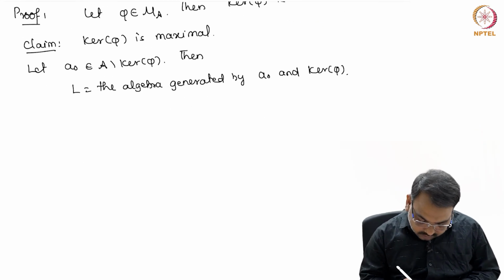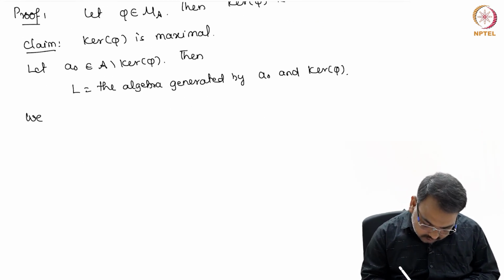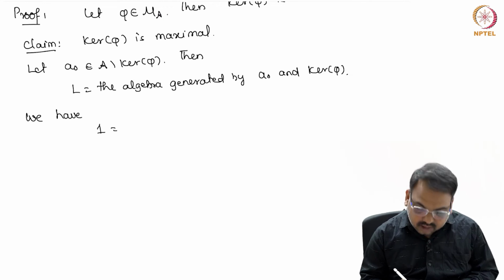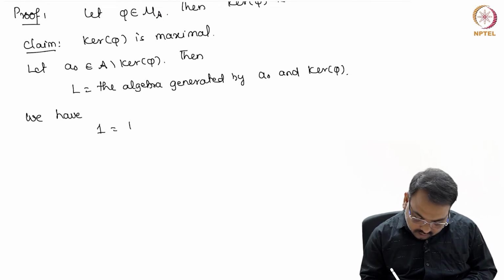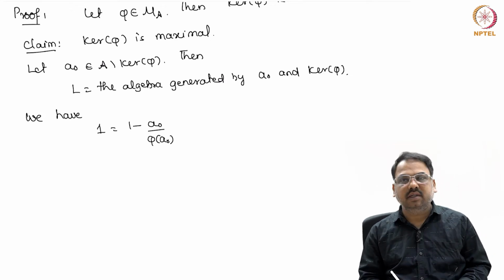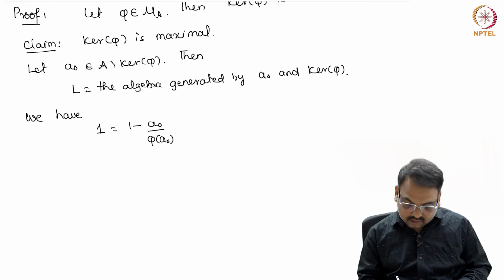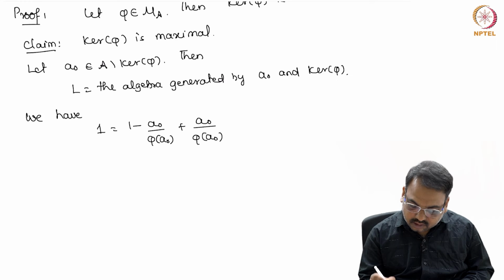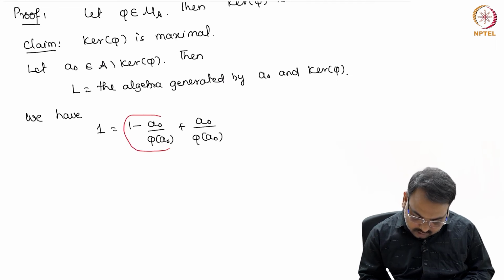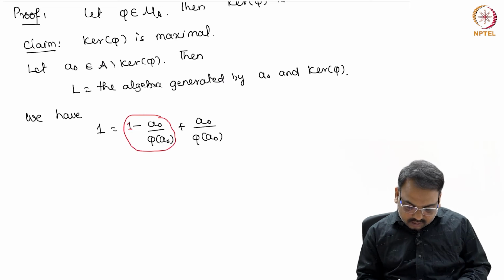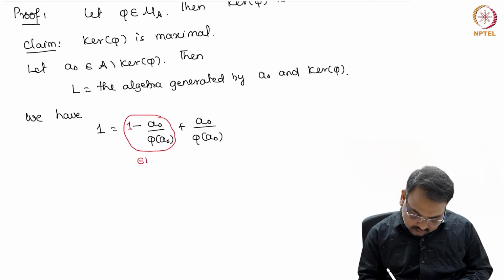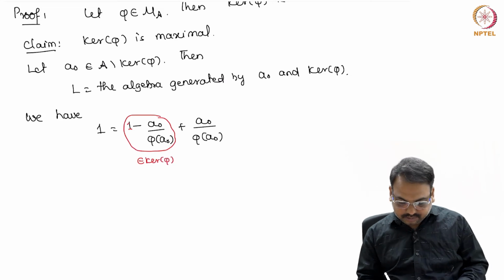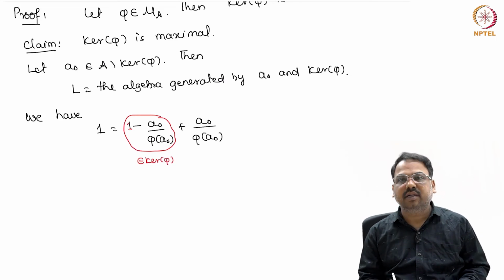Now we can write 1 as 1 minus a naught by phi(a naught), because a naught is not in kernel phi, so phi of a naught is non-zero, plus a naught by phi(a naught). Now this element is in kernel phi, and this is an element in the span of a naught.